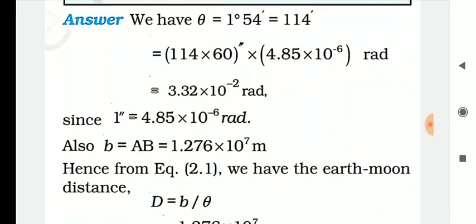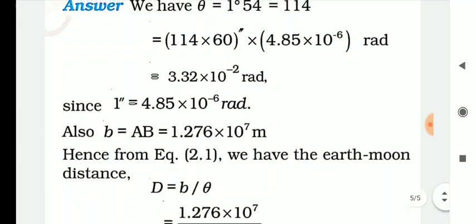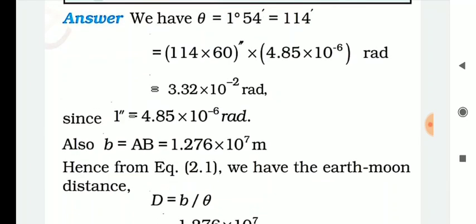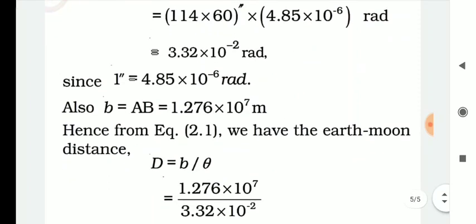If we multiply 114 by 60, that converts into seconds. After that, we convert the whole value into radians, because the radian is a measurement for the angle. So what is the conversion method to convert seconds into radians? If we multiply the whole value of seconds by 4.85 into 10 to the power minus 6, that value will be converted into radians. By this simple method, we can directly write 3.32 into 10 to the power minus 2 radian.